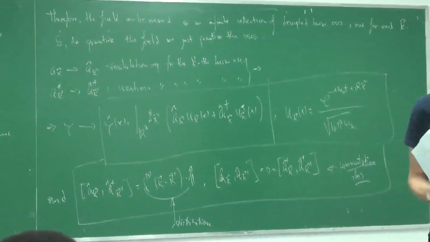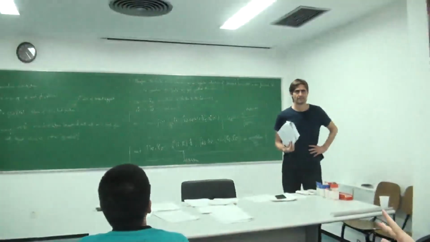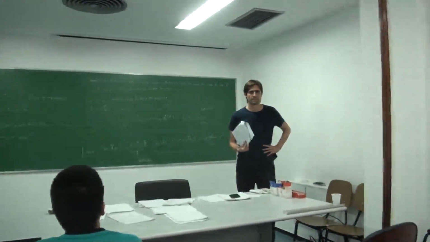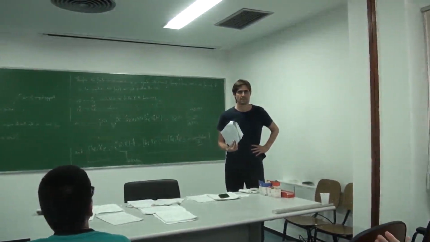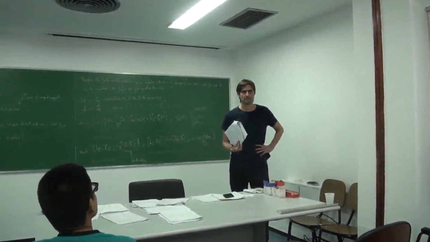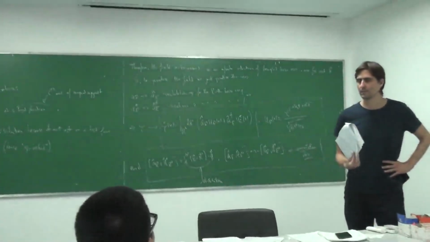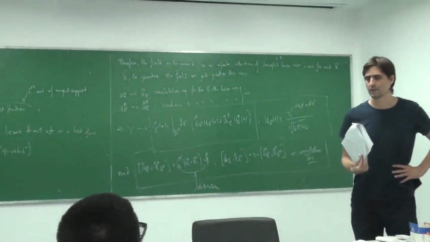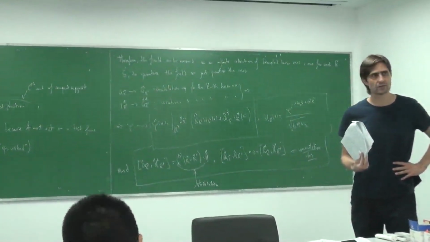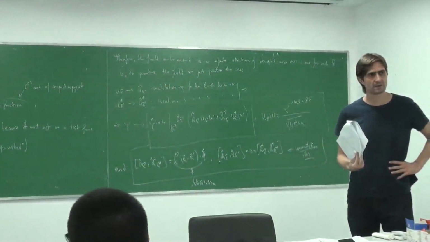But couldn't A and A dagger themselves separately not be distributions and their commutator be a distribution? Is that possible? We should struggle to see how that will be the case.